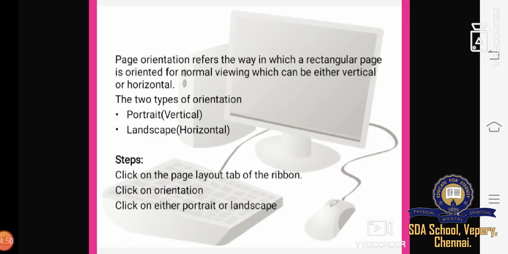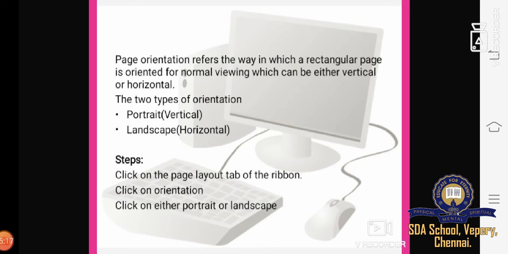Page orientation refers to the way in which a rectangular page is oriented for normal viewing, which can be either vertical or horizontal. The two types of orientation are portrait, which is vertical, and landscape, which is horizontal.